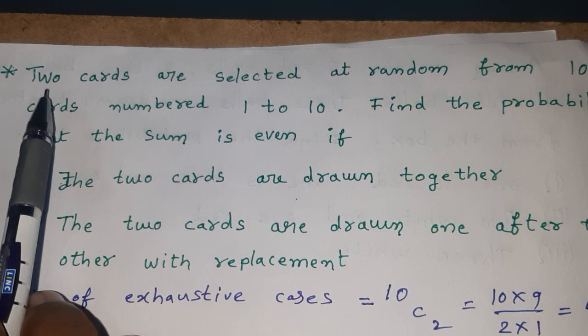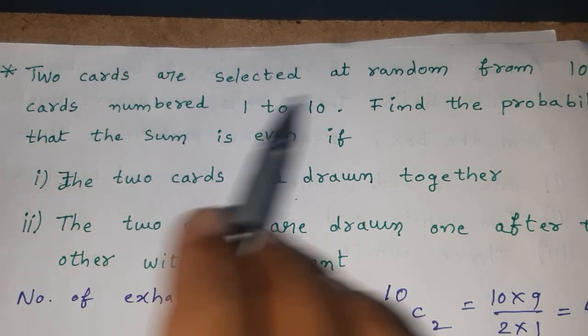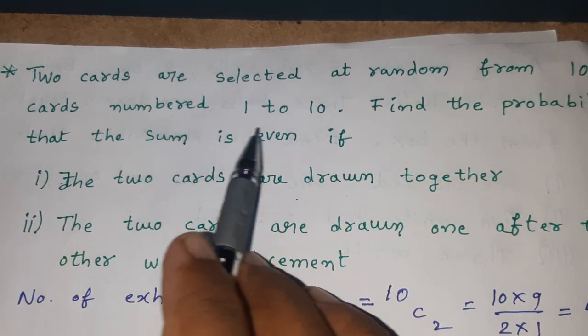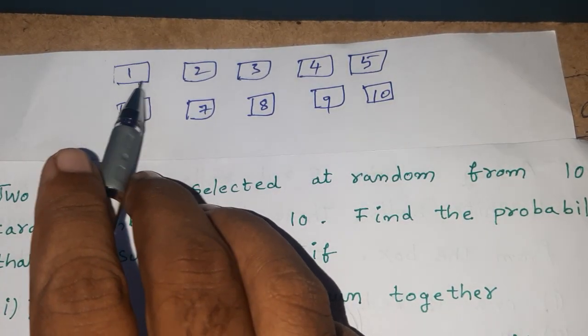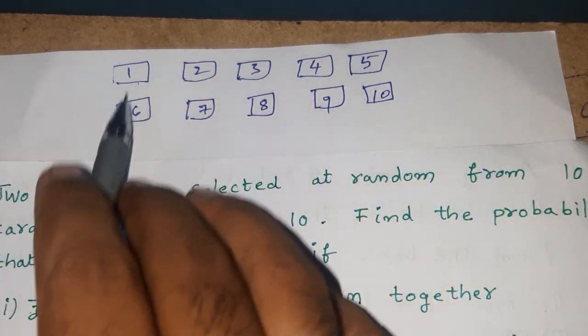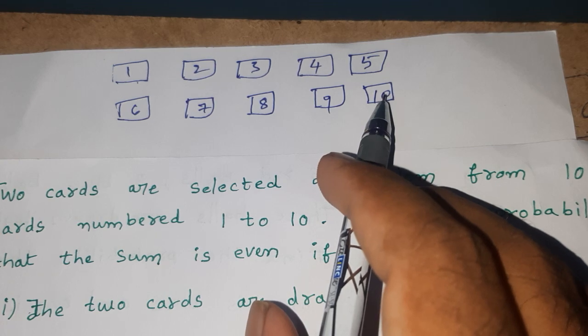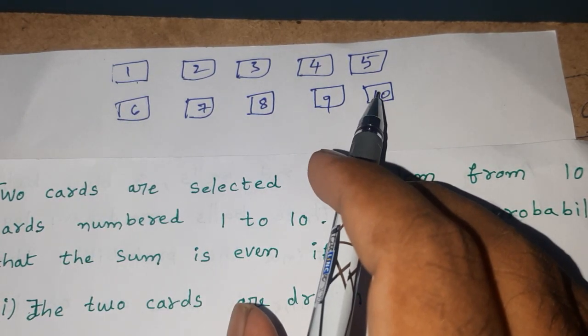First of all, two chords are selected at random from chords numbered 1 to 10. These are the chords 1, 2, 3, 4, 5, 6, 7, 8, 9, 10. Totally there are 10 chords. Among these 10 chords, we have to select two chords.